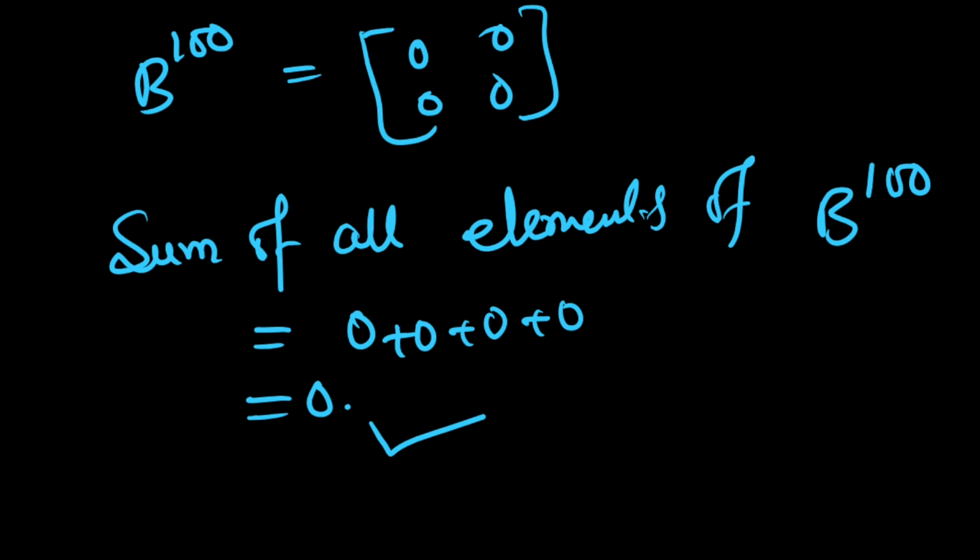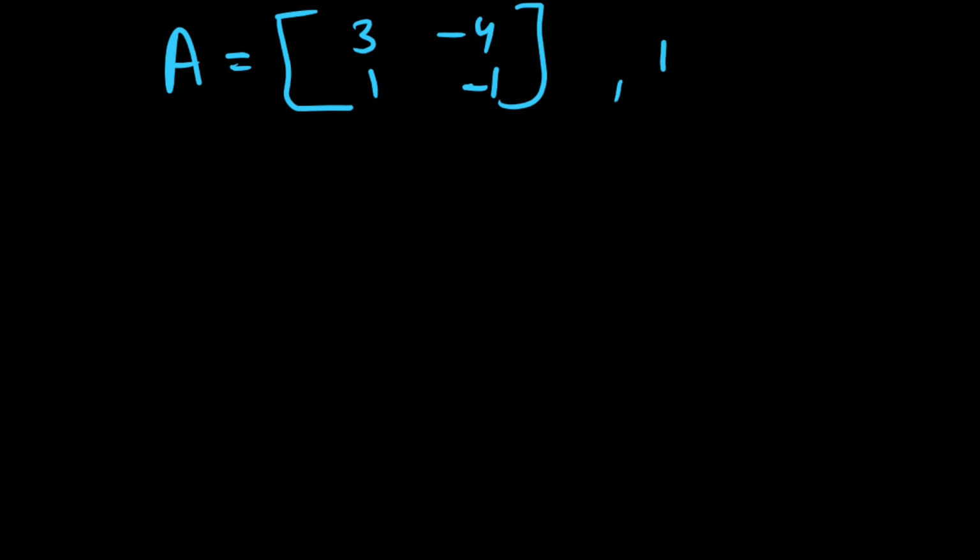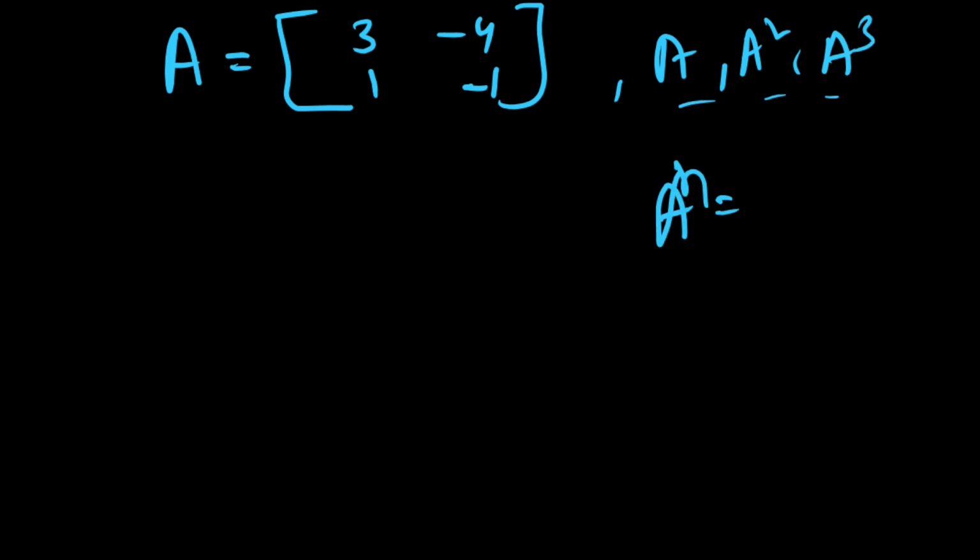This is the answer. So overall, in this question we started with A equal to [3, -4; 1, -1]. From this we saw the pattern of A square and A cube. From this pattern we got A power n, that is [2n plus 1, -4n; n, -2n plus 1].